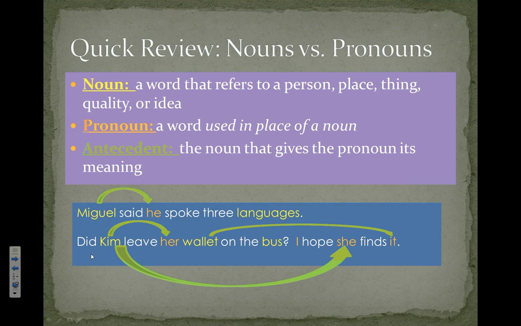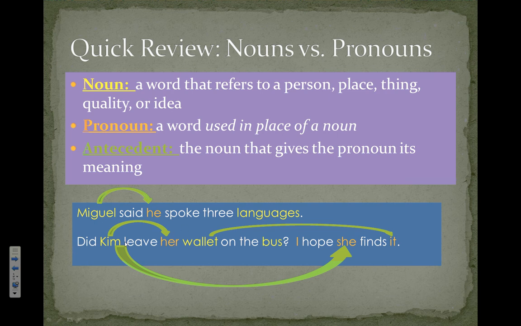The second example, you'll notice the order is slightly different because it is a question, but the same concept applies. Kim, wallet, and bus are our nouns. Her is a pronoun that is referring to Kim. Her is also showing possession. So this is a good example of a possessive pronoun because it's her wallet.